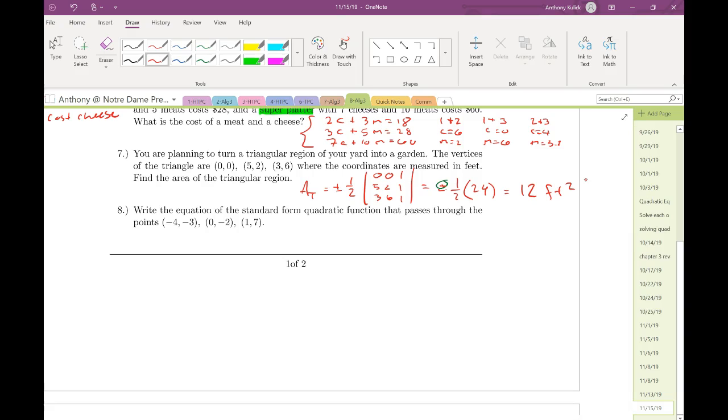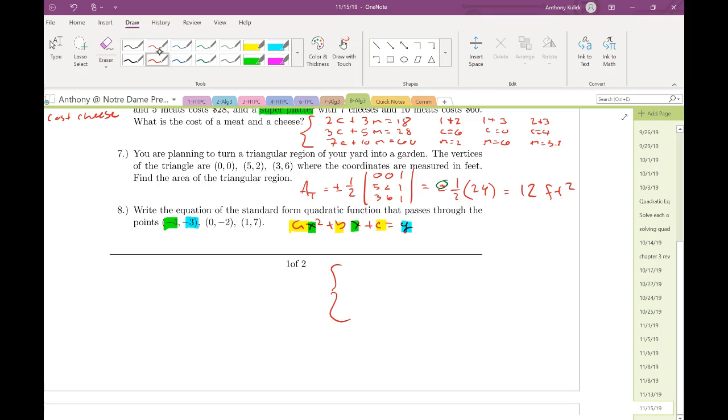For 8, we're asked to write the standard form quadratic that passes through the 3 points that are given. Well, I remember that a standard form quadratic looks like ax squared plus bx plus c is equal to y. So I can use that to generate my system of 3 equations. I need a value for a, b, and c. All I'm going to do is take the x and plug it into the x, and take the y and plug it into the y.